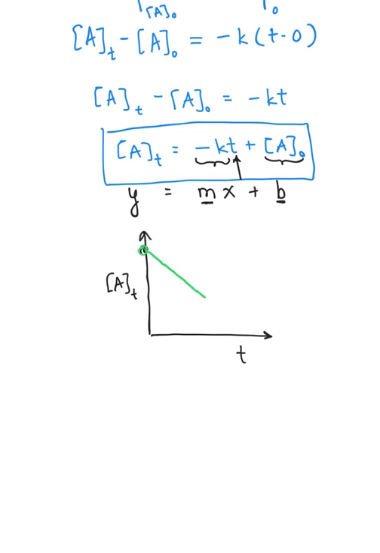We know that this represents a straight line. Every 0th order reaction will have a graph of concentration of A as a function of time versus time be representative of a straight line with a slope equal to negative rate constant, k. If only we knew the slope of this straight line, we would be able to determine the rate constant for a reaction represented by this integrated rate law.